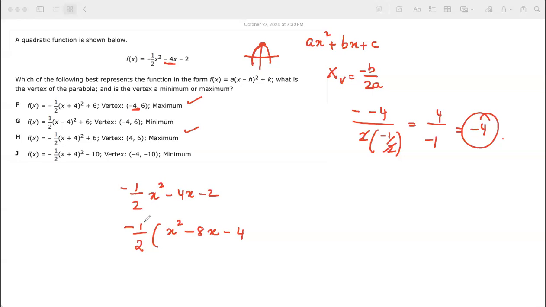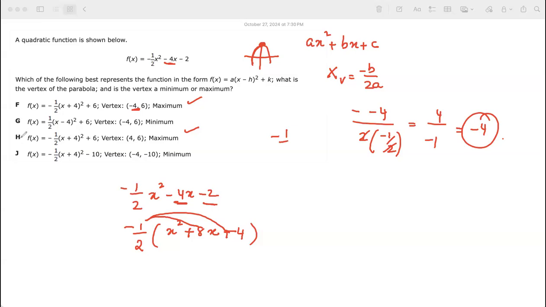I took out minus half as common completely. Do you see what I did? So when you multiply these two, you should get a minus 4. When you multiply these two, you should get a minus 2. Are you all with me? This is how you change to vertex form.